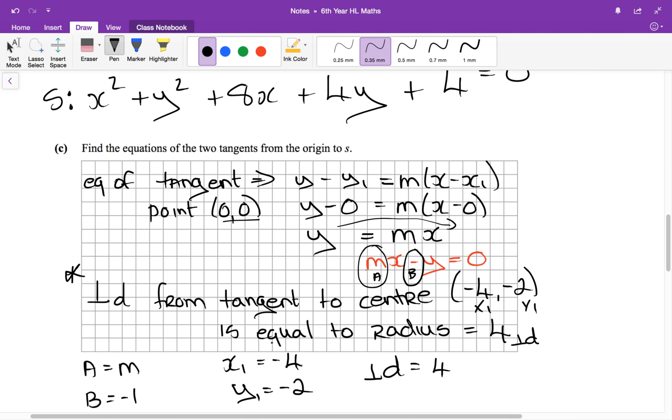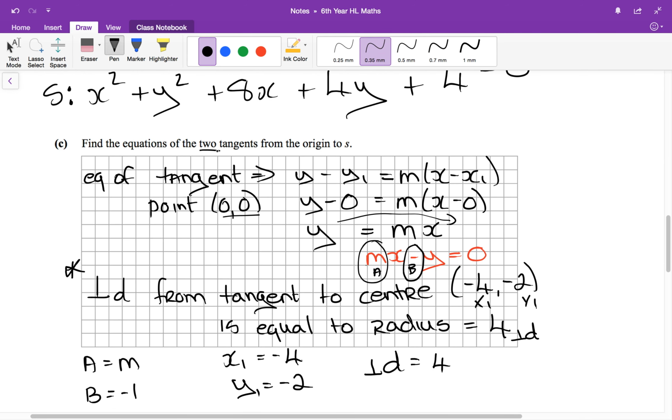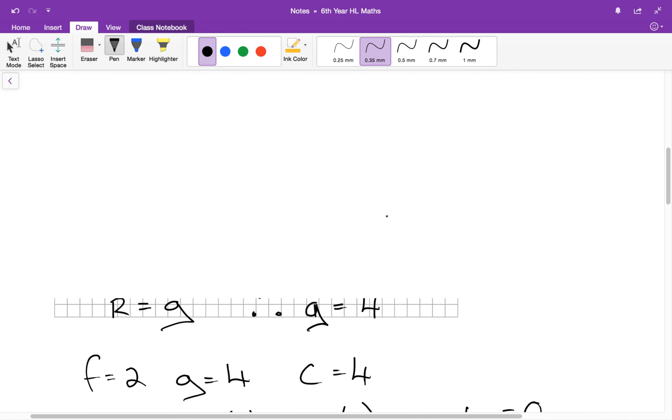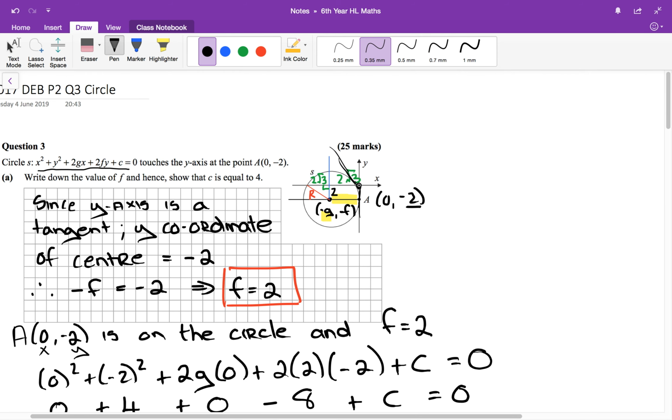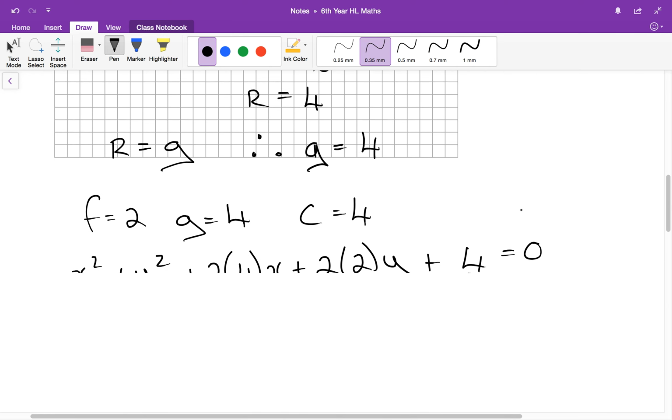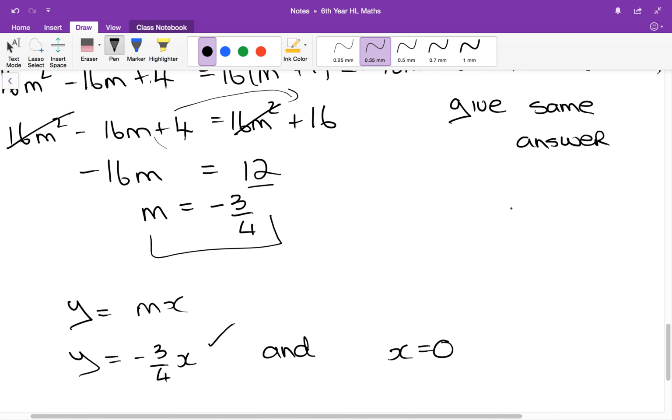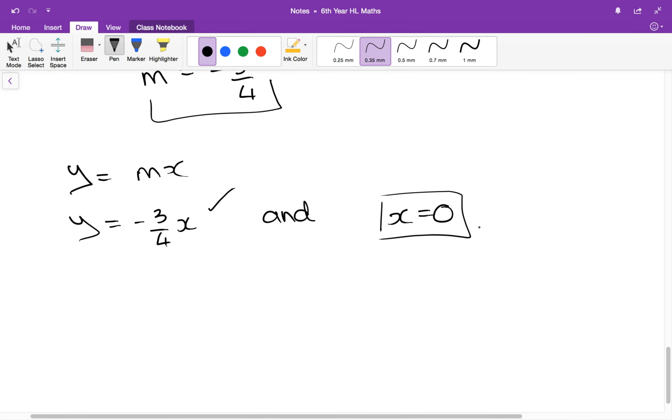But the question did say that we had to find two tangents. If you look at this, the first tangent I pointed out is this one here. It goes from the origin straight down through A. That tangent is the y-axis, and the equation of the y-axis is x equal to 0. So that's your second tangent.